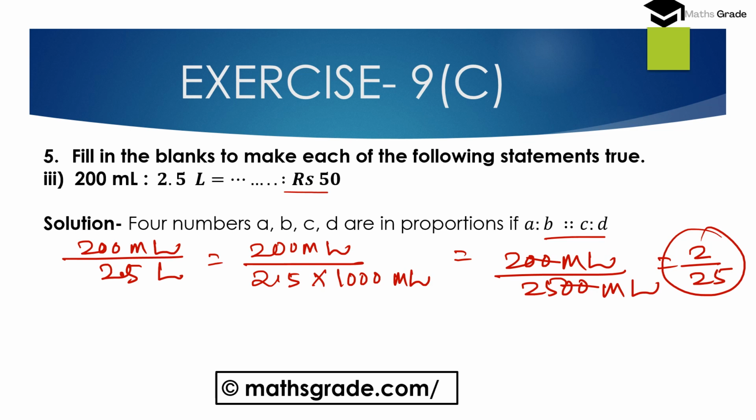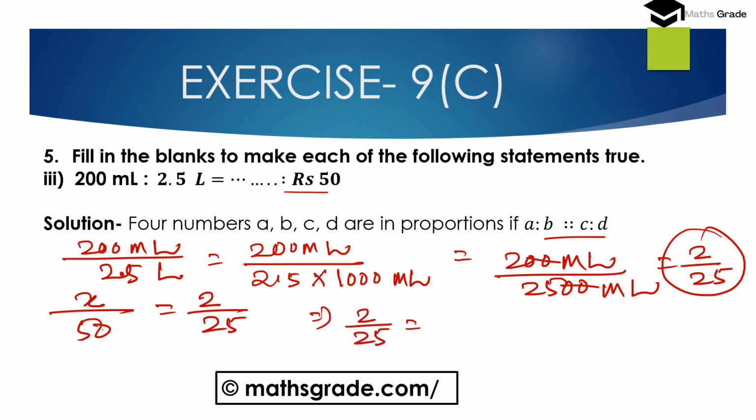Let the missing term be x. X divided by 50 rupees is equal to 2 divided by 25. Now we have to convert this 2 divided by 25 into the equivalent ratio. That is, which number do we have to multiply the consequent 25 by to get 50.